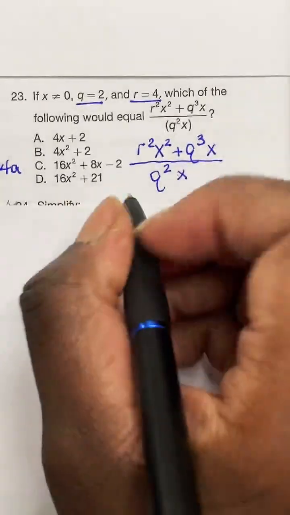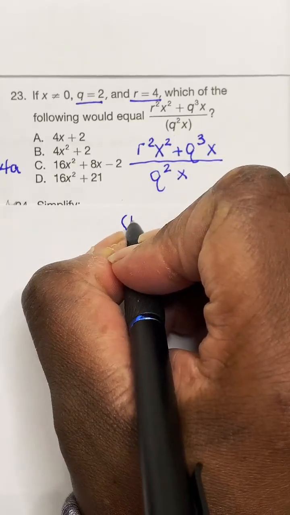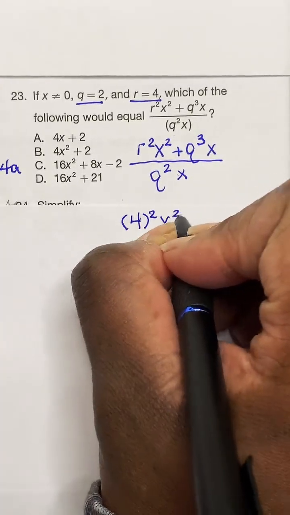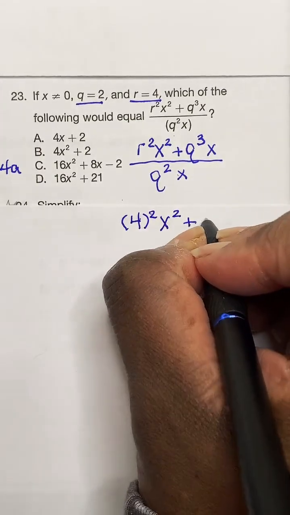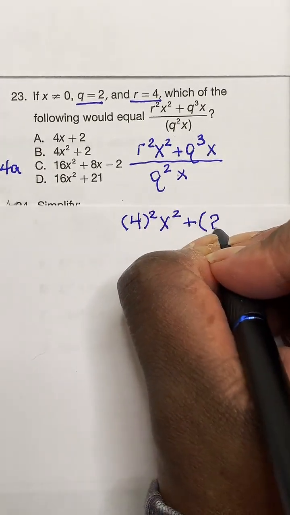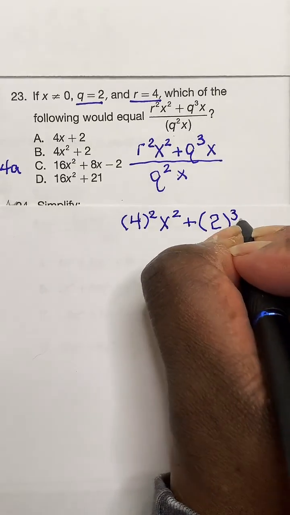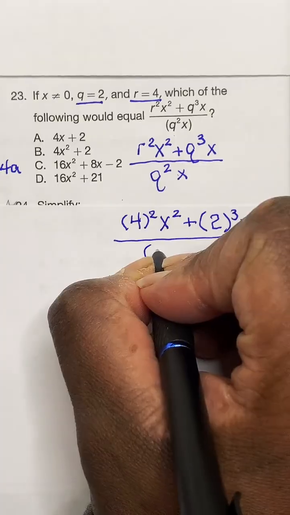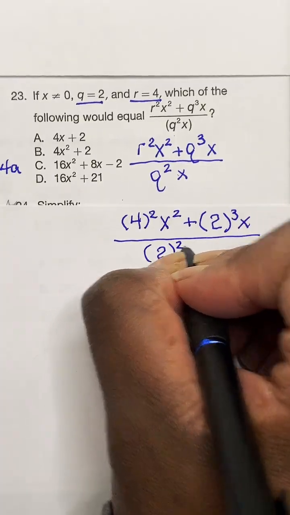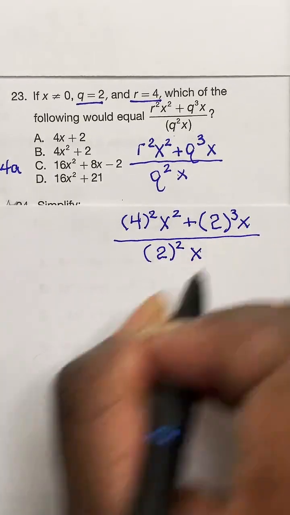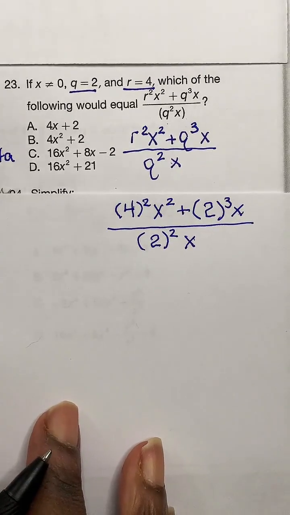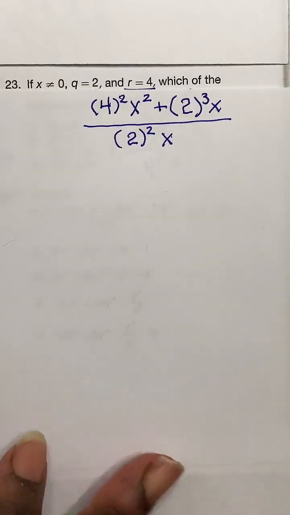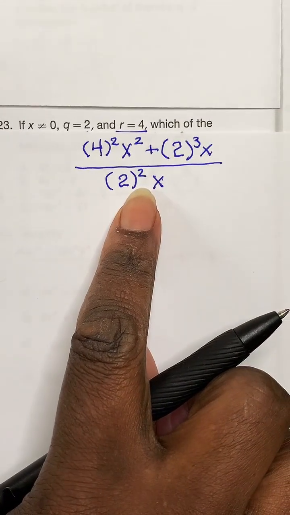For the R, anytime I see an R, I'm going to put a 4. Every time I see a Q, I'm putting a 2. Okay, so this is what's called evaluating. So we're plugging in. Let me lift that up for a bit so we can focus on our substitution.